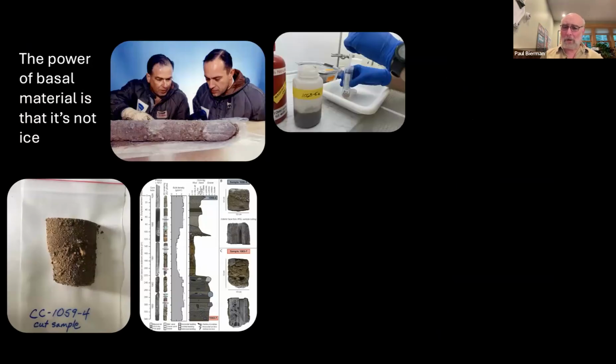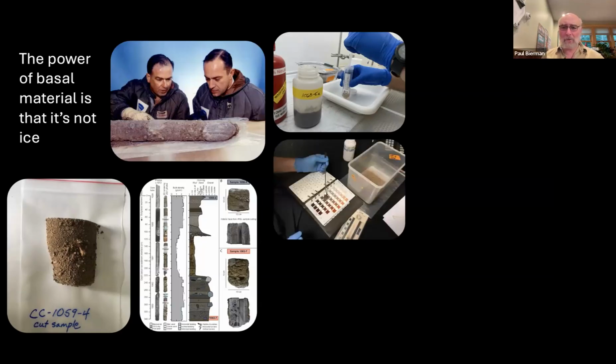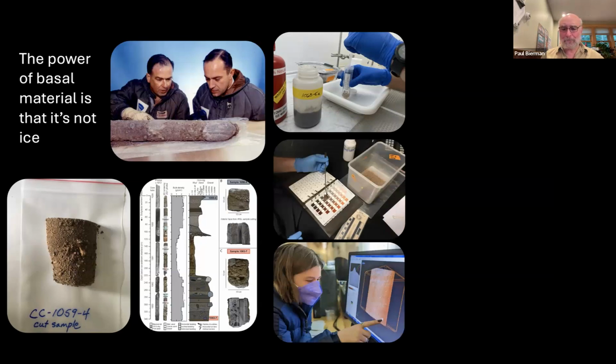It has pore water within the grains of those sediments that allows us to understand weathering processes and soil formation processes and processes of the biosphere and organic acids and things that exist in their organic molecules. It allows us to look at soil development by doing things like soil color and soil texture.